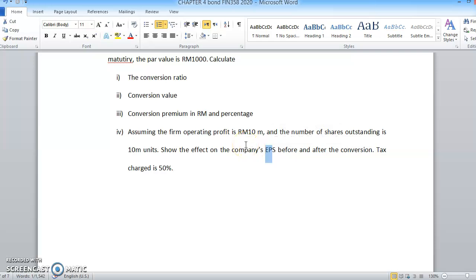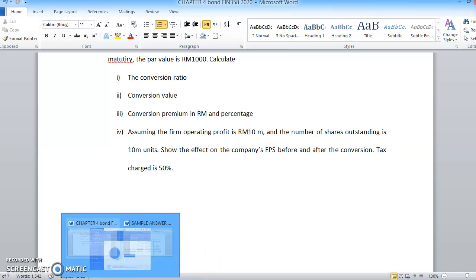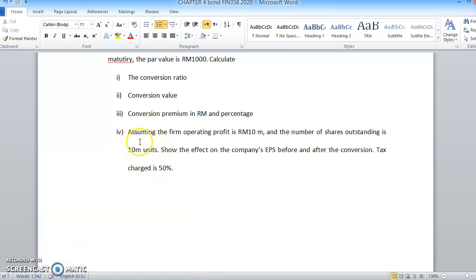Since this is a convertible bond whereby we can convert it to shares, of course we want to see what will happen to the earnings per share of the share itself. So whether it is worth for us to convert it into shares or not, right? Okay, so let's take a look at how to answer this one.